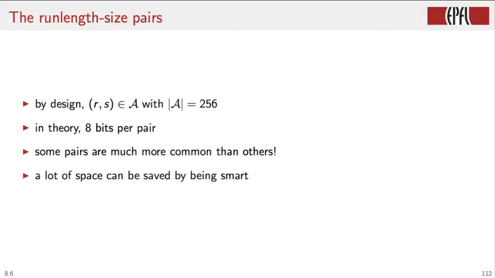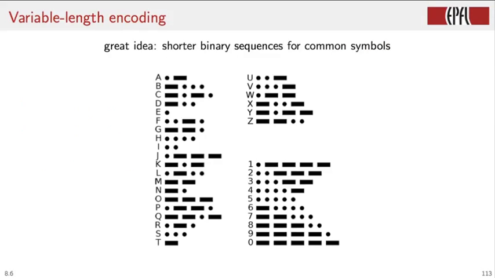So a lot of space can be saved if we're smart and we encode this symbol using the same philosophy that we have seen for the Morse code. In other words, we need to find which are the RS pairs that occur most often in the coding of an image, and then encode these pairs with fewer bits than we would use for less common pairs.